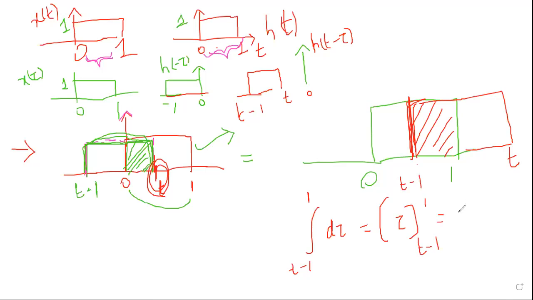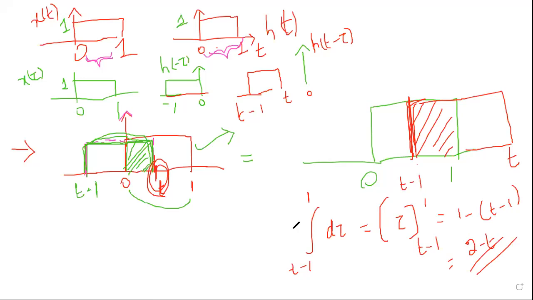So it is 1 minus of t minus 1, which is 2 minus t. Check whether this answer is correct. 2 minus t. So this is your answer.